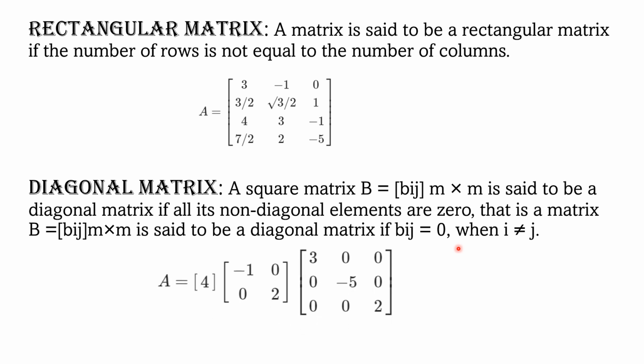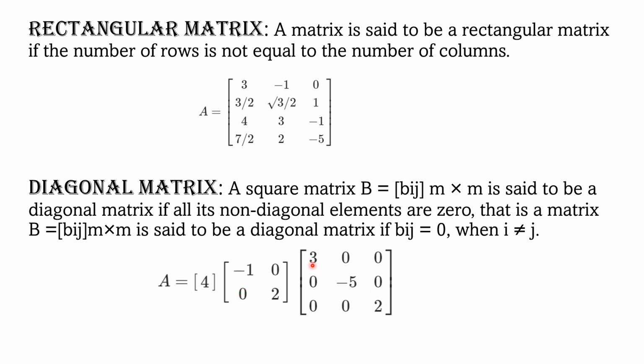See, there are three examples. The first is a 1 by 1 matrix, because you can see only one element. This is a 2 by 2 matrix. This is the diagonal, and what are non-diagonal? This 0 and this 0. So all the non-diagonal elements are 0.